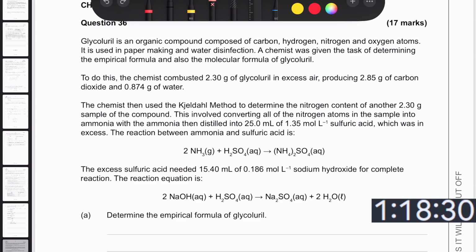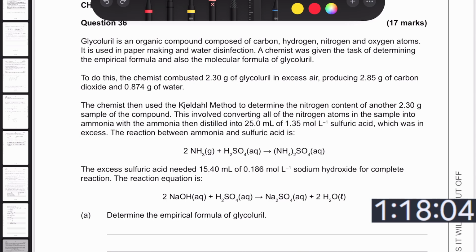Glycol. What is this called? Empirical formula. Carbon, hydrogen, nitrogen, oxygen. Task: determining empirical formula and molecular formula. Gel method to determine the nitrogen content of another 2.3 grams.